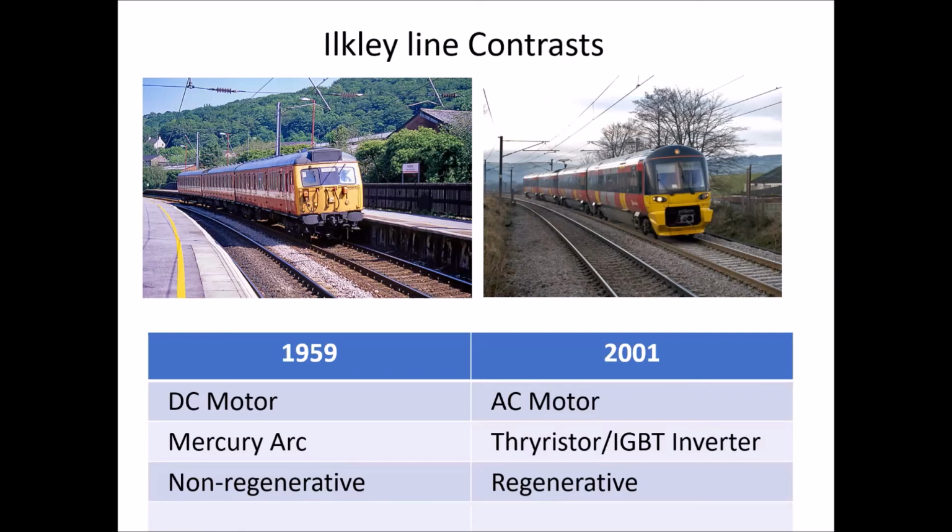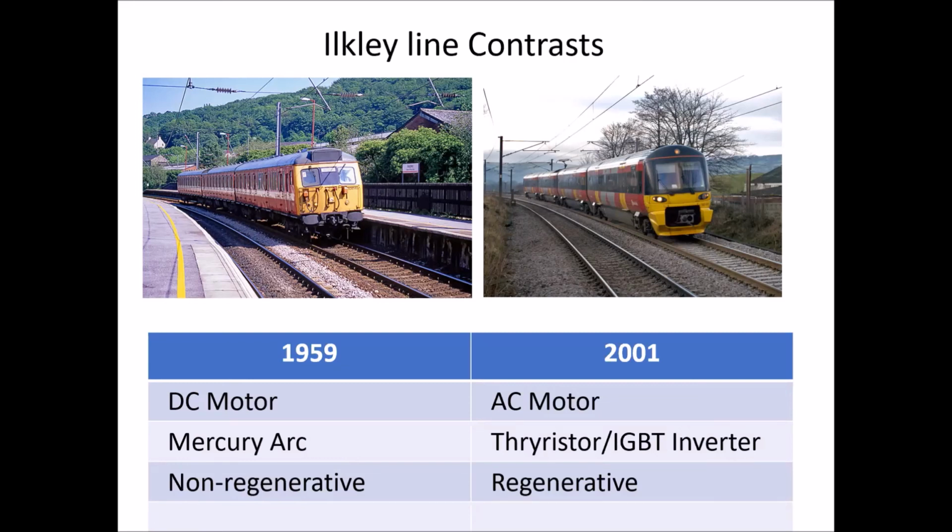Whereas in 2001, class 330s, I can't remember, 333 are they? They have AC motors, variable frequency. You hear the whine actually, the change in frequency as they speed up, and they have thyristors to rectify the AC and then convert it back.